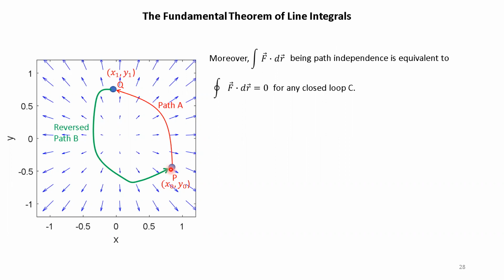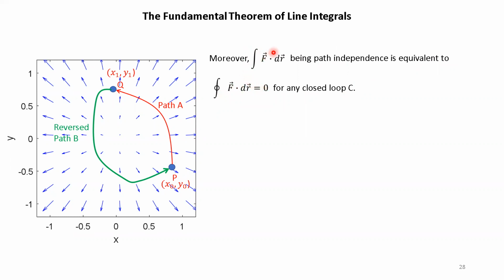So actually, the path independence of these line integrals will directly tell you something about the result of this closed loop line integral. Right? So the line integral being path independent from P to Q is equivalent to saying that the closed loop line integral is 0.